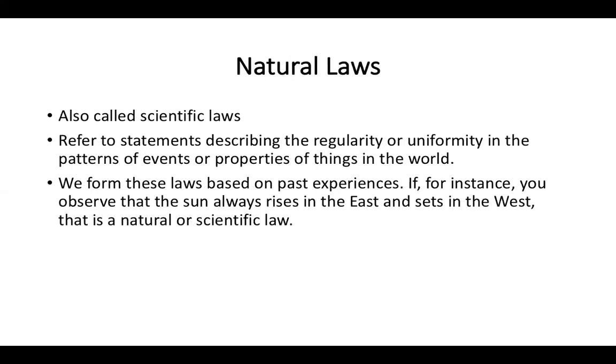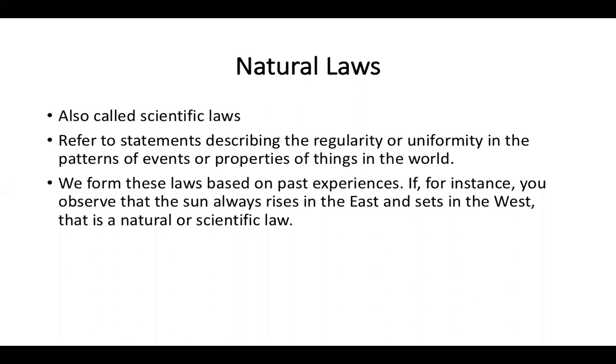Natural laws are also called scientific laws. They refer to statements describing the regularity or uniformity in the patterns of events or properties of things in the world. We form these laws based on past experiences. If, for instance, you've been observing that the sun always rises in the east and sets in the west, then that is a natural or scientific law.